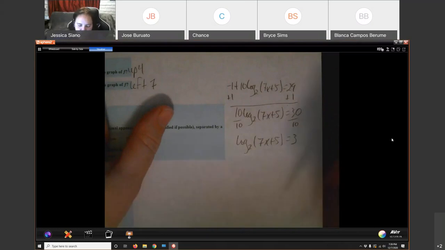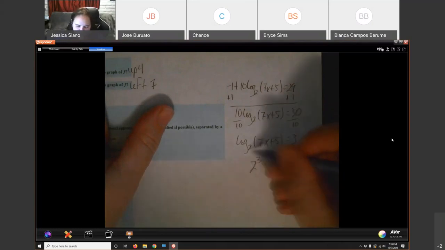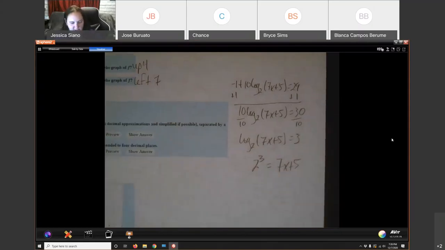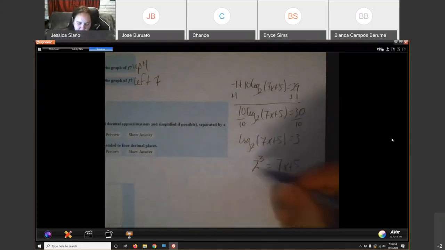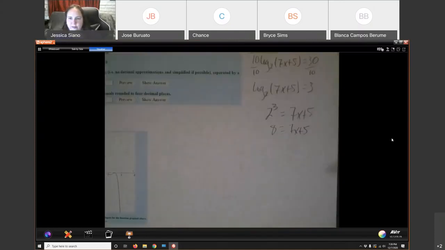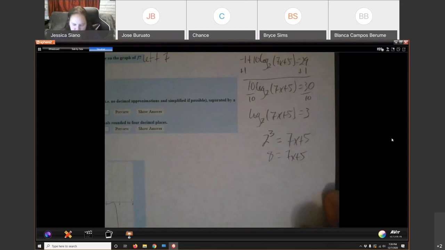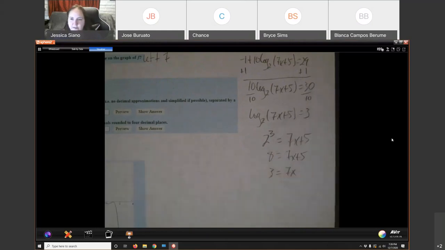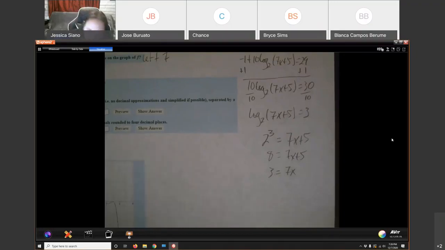And then we'll turn this into an exponential. So 2 to the 3rd equals 7x plus 5. And then 2 to the 3rd is 8. Subtract the 5, and divide by the 7.